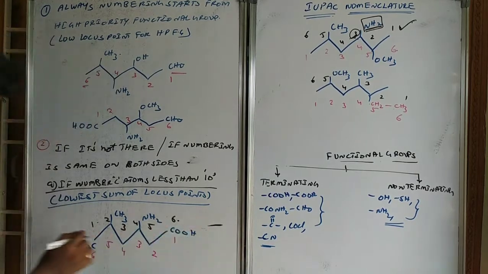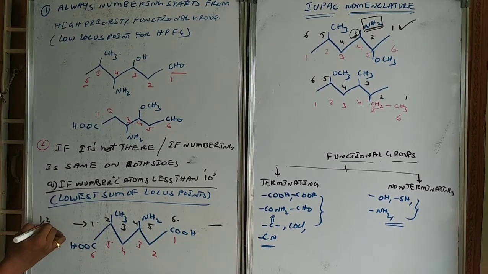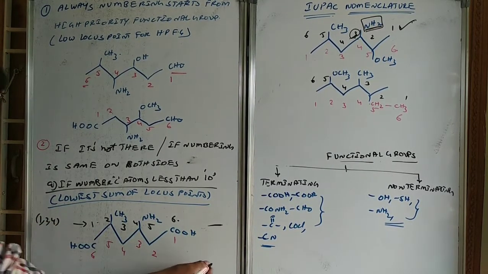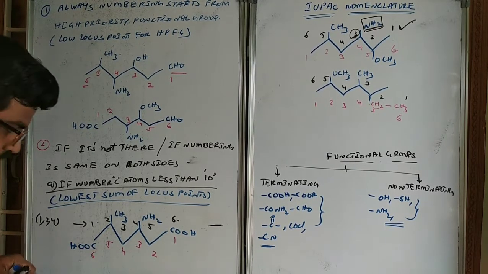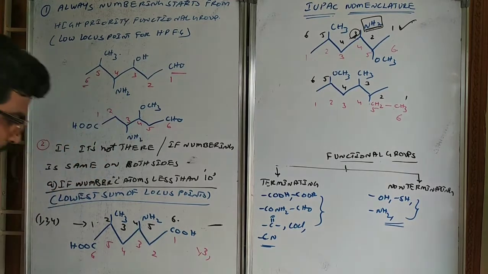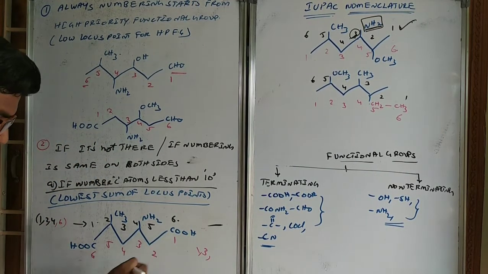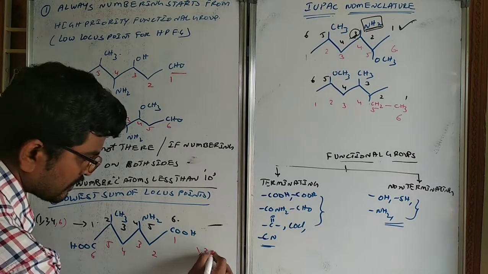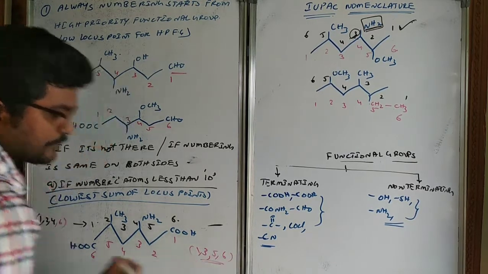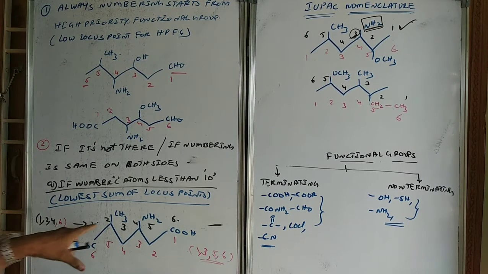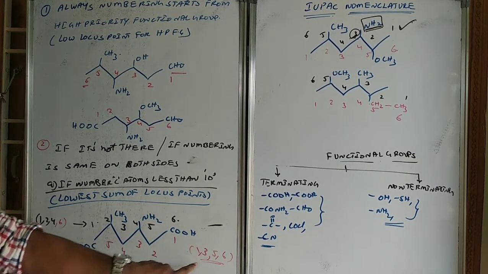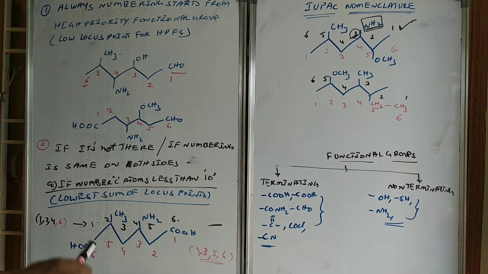I will write here so you get no confusion. 1, 2, 4. From this side you number, what is coming? 1, 3, 5, 6 will come. So from this side you will number, write the locus points, and sum them.